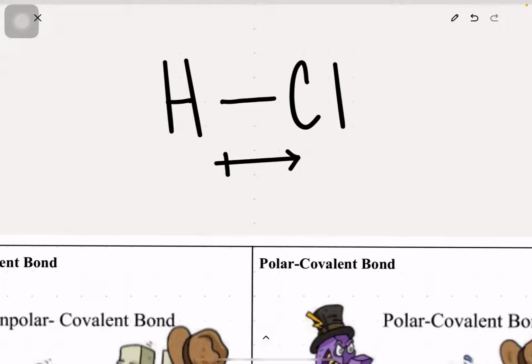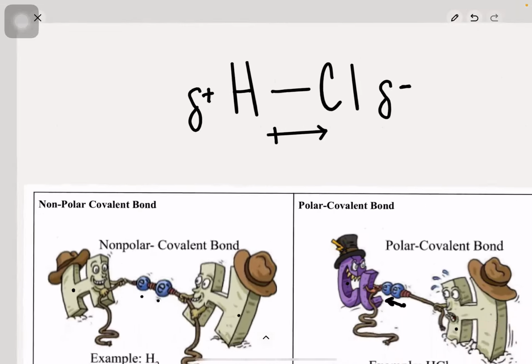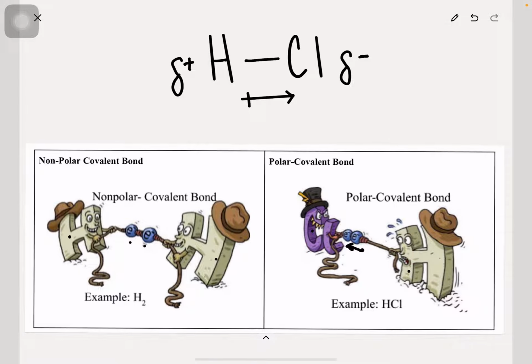The arrow is pointing towards the more electronegative element. And to show that this side is negative and the other side is positive, we use this lowercase delta, this Greek letter. That's going to have a negative sign. This one is going to have the same thing, but a positive sign. That is how we write the notation for that.